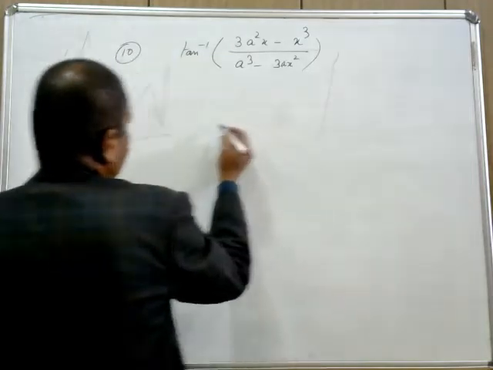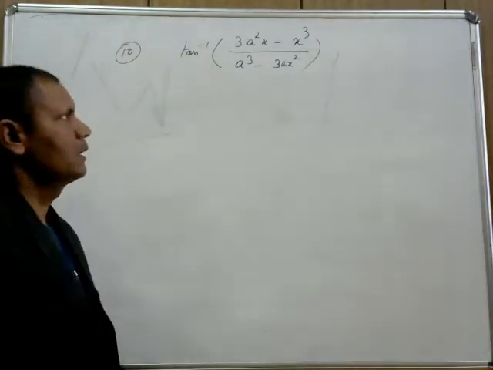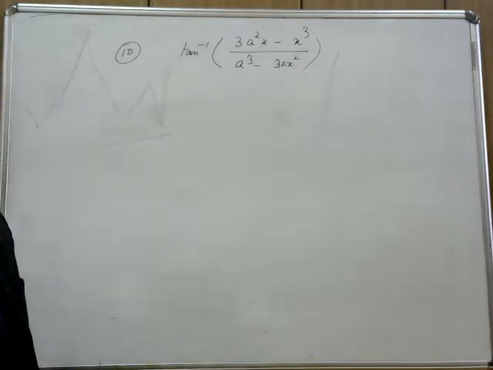Right. Now in this question, tan inverse of 3a square x minus x cube upon a cube minus 3a x square.